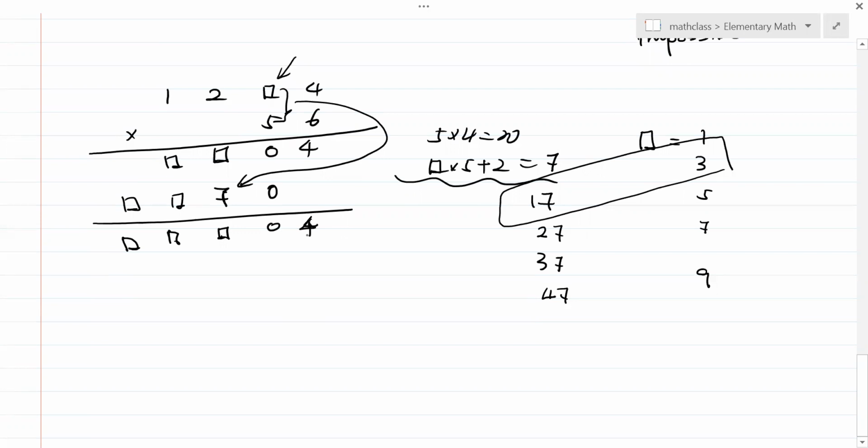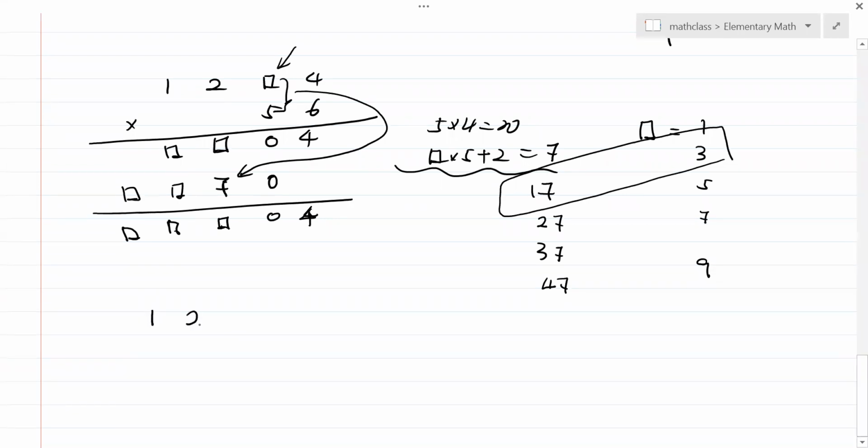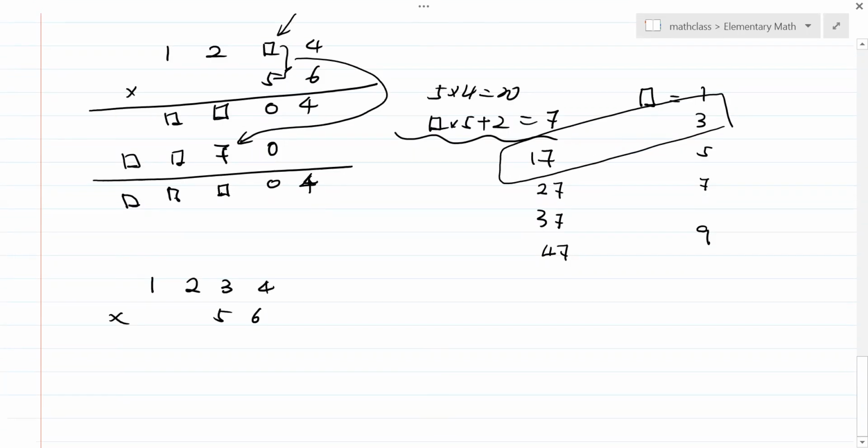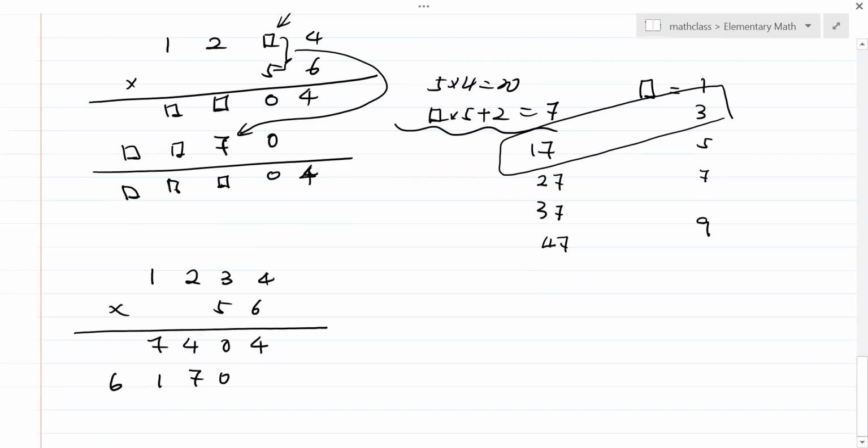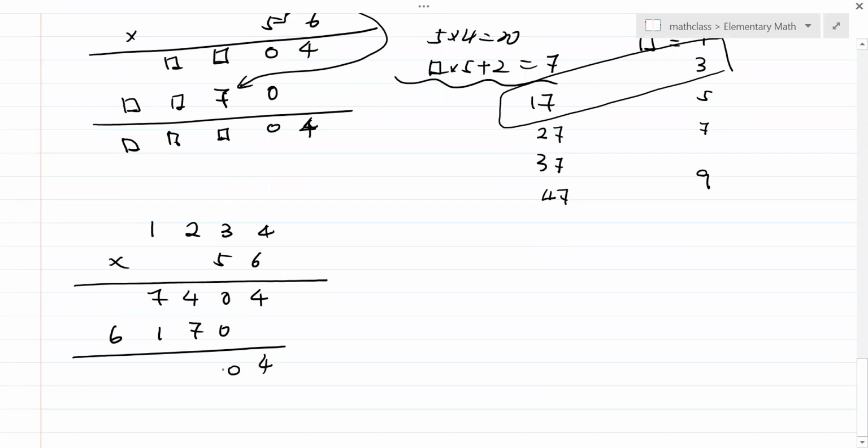So only when it's 3, then it works. So I tried several of them. It's 1, 2, 3, 4 times 5 times 6. Then I got 4, 0, 4, and 7, and then have a 6, 1, 7, 0. Then I got the solution.